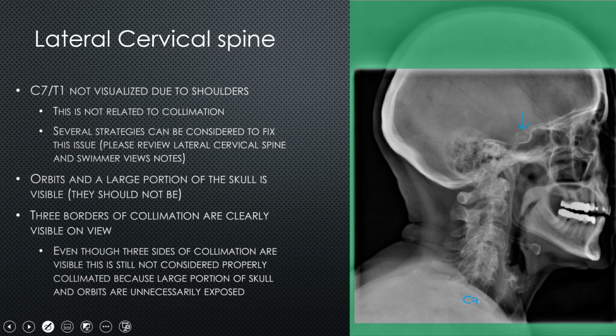Another thing, we do see good collimation, as you can see in this green highlight, on three sides. Here's side one, side two, and side three. So proper collimation, or three sides of collimation, has been used.